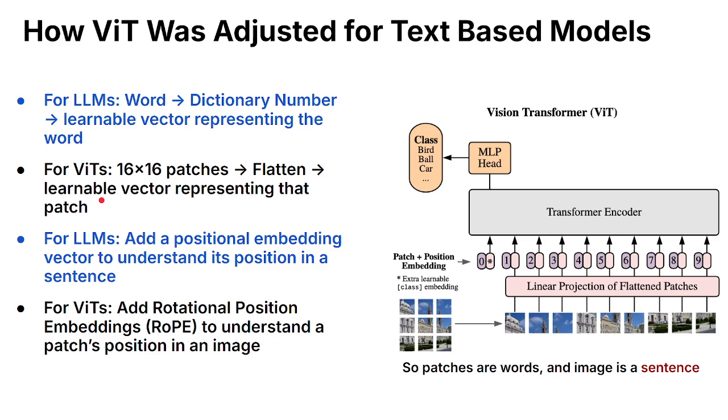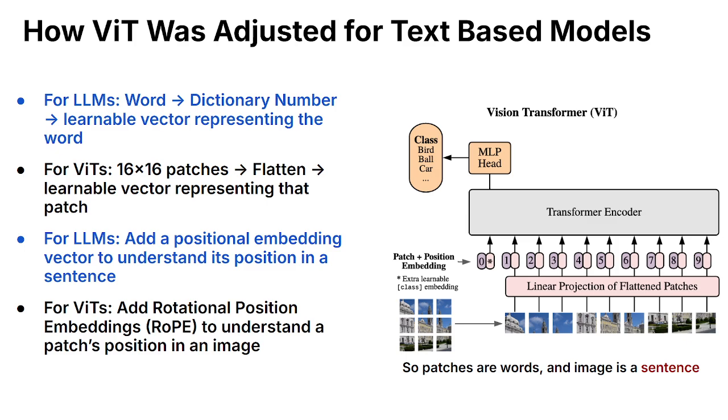Then we project that into some learnable vectors. And for LLMs, we add a positional embedding vector to understand its position in the sentence. If we have the word dog at the start of the sentence and dog in the middle of the sentence, we want to add something to that vector representation so that they're not identical. We want to understand where it is in the sentence, right?